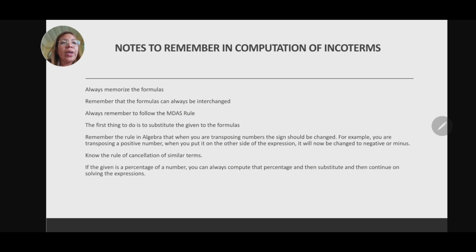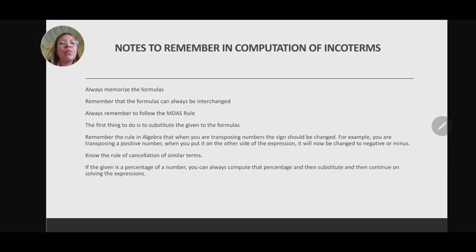Okay, but before we end this, let us also again remember the notes that you need to know in computation of Incoterms. Number 1, always memorize the formulas. Next is to remember that the formulas can always be interchanged. And then always remember to follow the MDAS rule. Okay, and then the first thing to do is to substitute the given to the formulas.